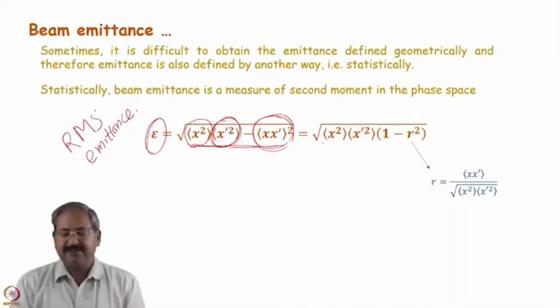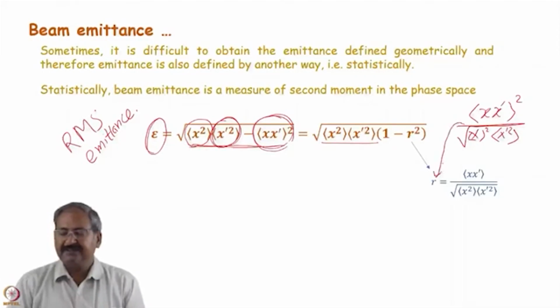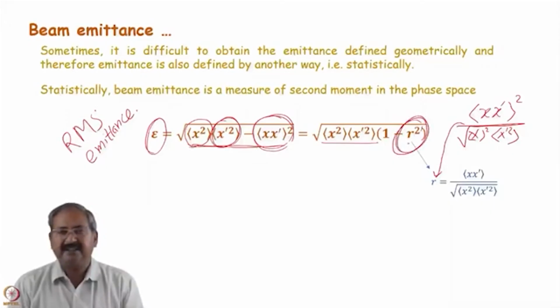So by taking out this x prime square as common, you will have in the second term x prime square upon under root x square x prime square, and this is the r. So this r is defined by the alpha. If alpha is 0, then this r will be 0, and at that location your emittance will be just sigma and sigma prime.